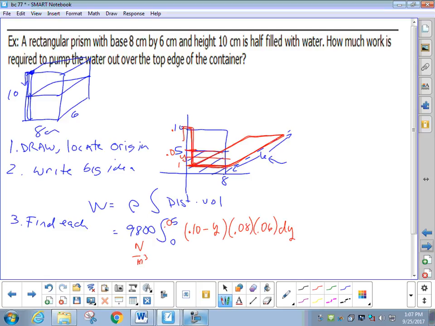And crank that out. And what about the units? Now, the weight density is newtons per cubic meter, yeah? What are the units on the distance? Meters. What are the units on the width? Meters. The length? Meters. And the dy? Meters. So meters cancel, and you're left with newton meters, which is joules.